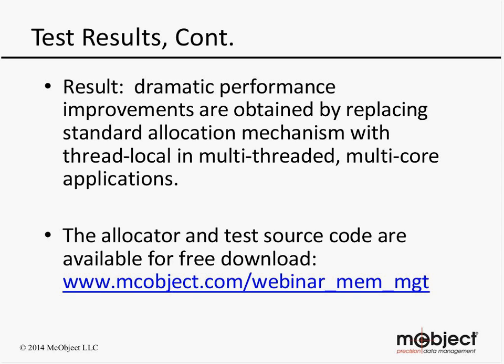So our implementation of the thread local allocator, the block allocator that sits underneath it, and the 2 tests that I just described are all at the URL that's on the screen here, and Ted just put it into the chat window. You can either click on it there or just copy and paste it. On that page, there's a very simple agreement that says we disclaim any responsibility for how you decide to use this.